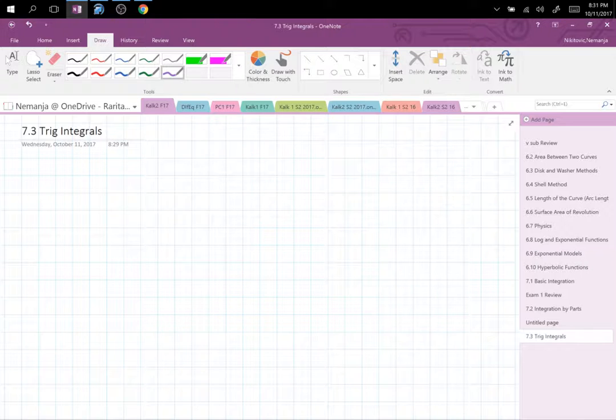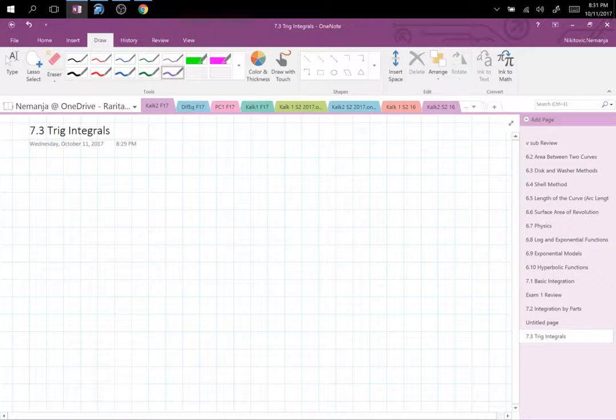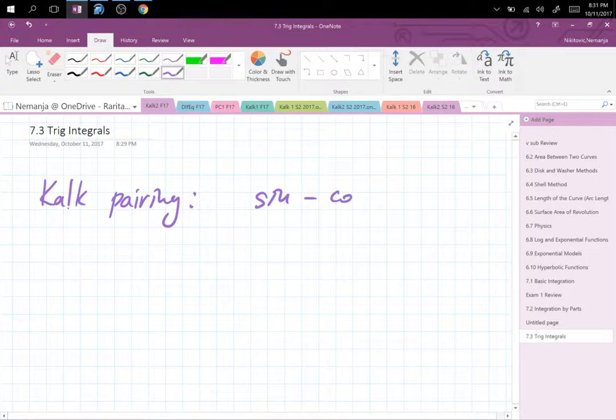First of all, I need to make sure that you know your calculus pairs. So calc pairing: sine with cosine, secant with tangent, and cosecant with cotangent.